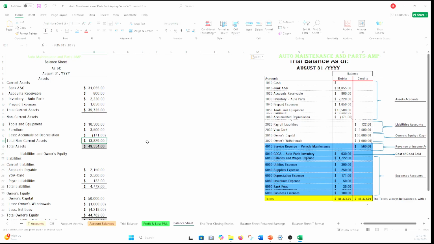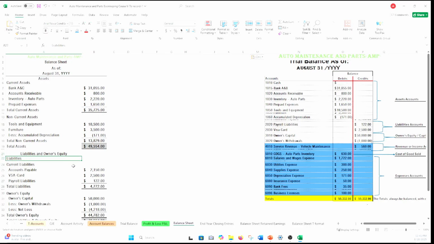So these 13,829 plus the current assets give me the total assets, right? So we have total assets 49,554.